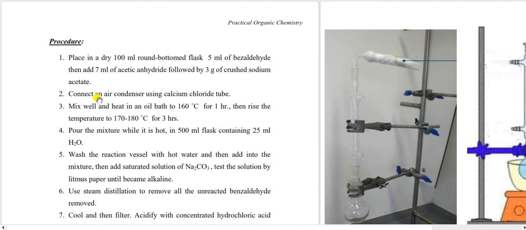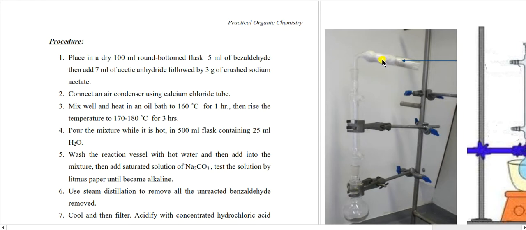So connect your condenser with the calcium chloride tube. The round bottom flask with the starting materials is connected with the condenser without any water. Then to this condenser connect the calcium chloride tube. This is the calcium chloride tube. We have cotton here and here, with calcium chloride, CaCl2 powder.